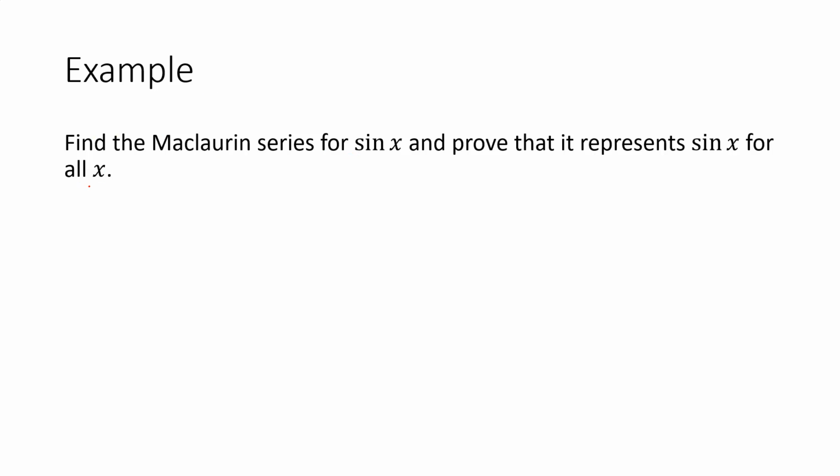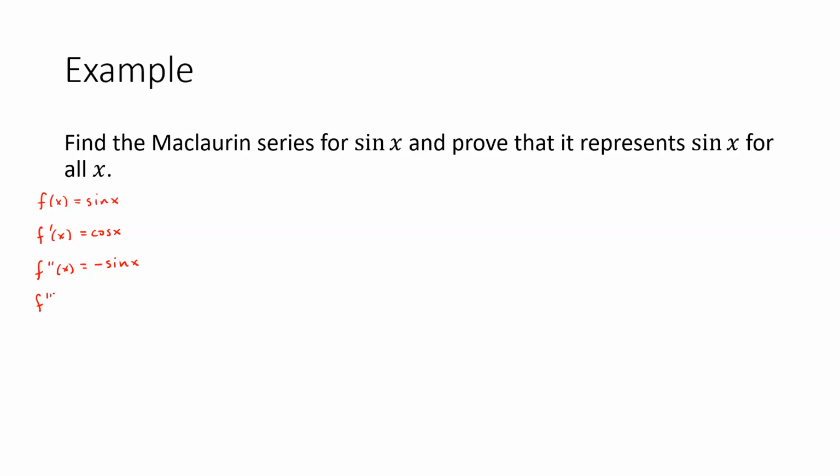And sine x, again, is nice because it has easy derivatives. So let's just list out a few derivatives. We know the first derivative is cosine x. Second derivative, the derivative of cosine, is negative sine.